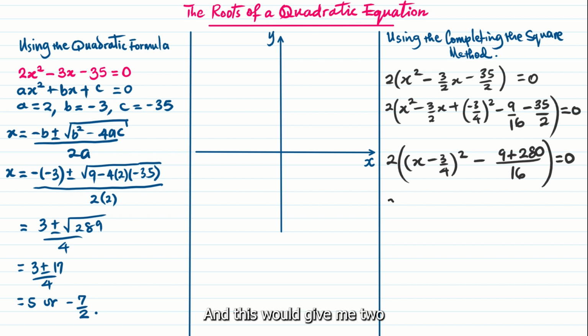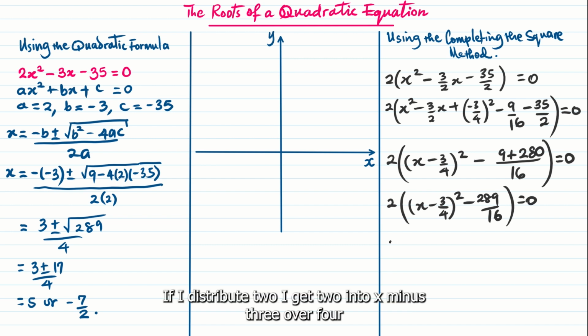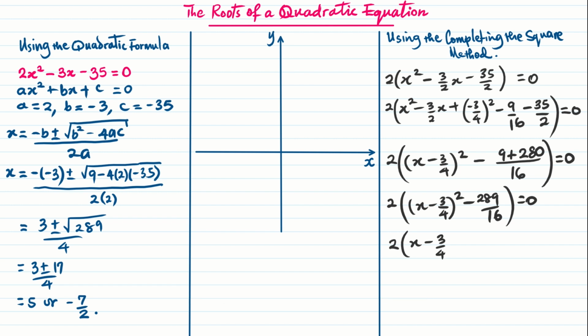This will give me 2 into x minus 3 over 4 all squared minus 289 over 16 equals 0. If I distribute 2, I get 2 into x minus 3 over 4 all squared minus 289 over 8 equals 0.